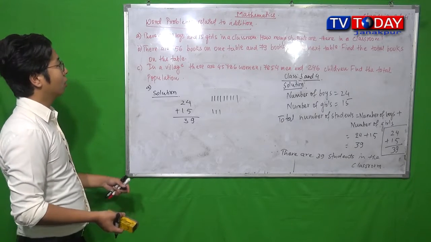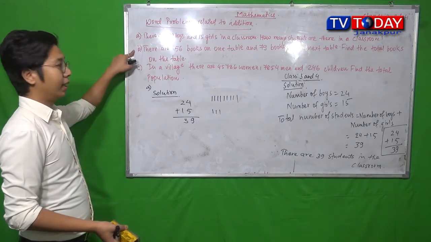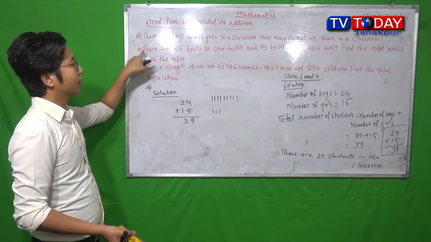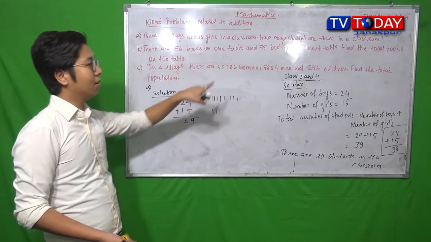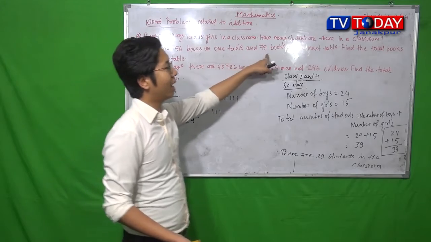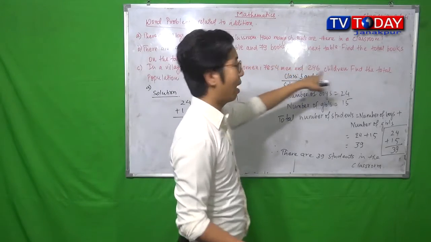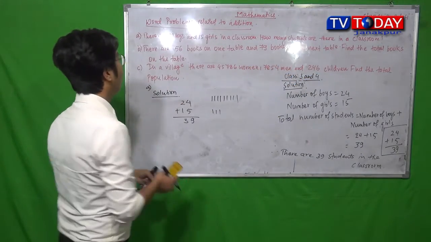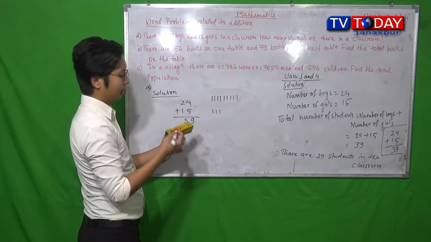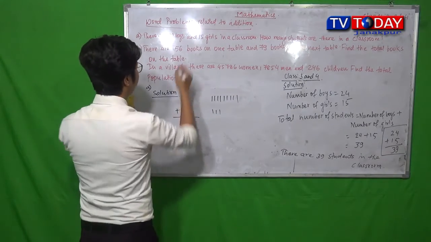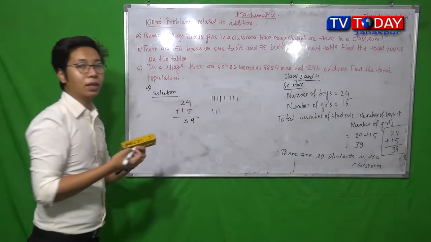Now I will go towards question number B. There are 56 books on one table and there are 79 books on the next table. Find the total number of books on the tables. I have made a mistake here: on the tables. On the tables means two tables.